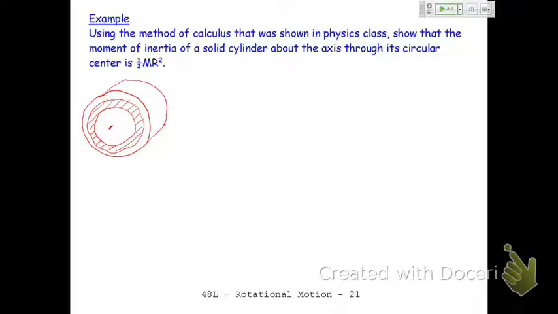Now I need some terminology here, so I'm going to say that the actual radius of the whole thing is big R. I'm going to say the distance to the slice that I'm interested in is little r. So little r is a variable and big R is a constant. Agreed? The outside radius never changes, but the slice radius changes because I'm going to go from the smallest slice to the outside slice.